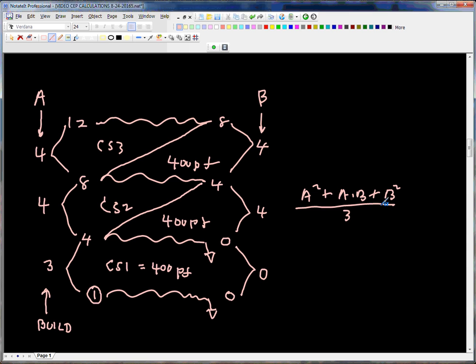Let's do the arithmetic then. 4 squared is 16. 4 times 4 is 16. 4 squared, again, is 16. All divided by 3. This is C multiplier.